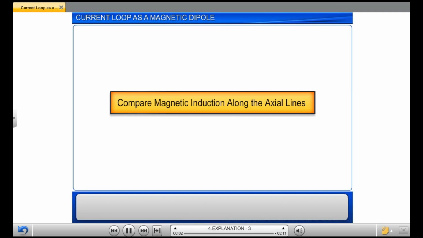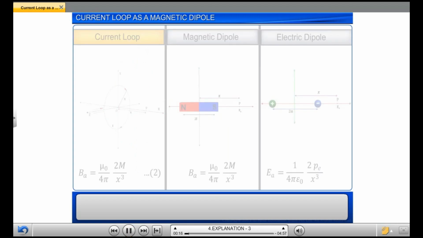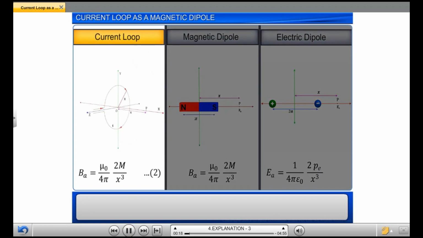Now, let us compare the magnetic induction along the axial line of the circular current loop with the field strengths of the magnetic dipole and the electric dipole at points along their axial lines. We know that the magnetic induction along the axis of the circular current loop, BA, is equal to mu naught by 4 pi into 2M by x cube.